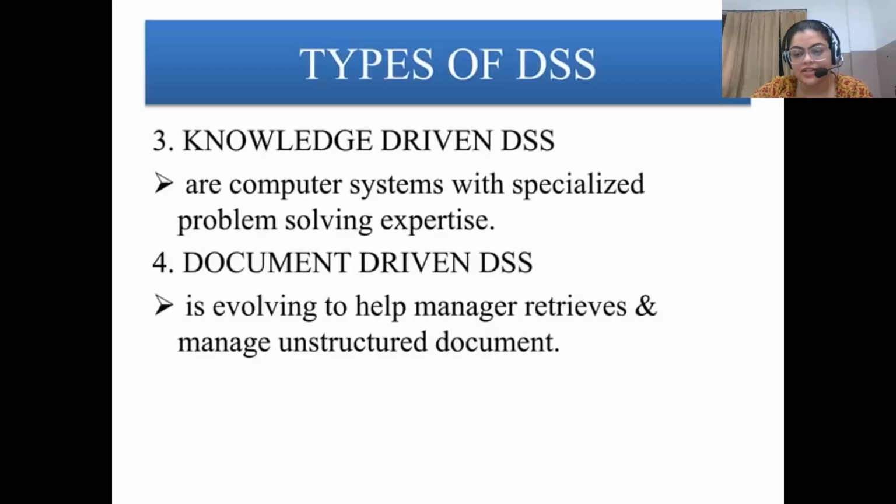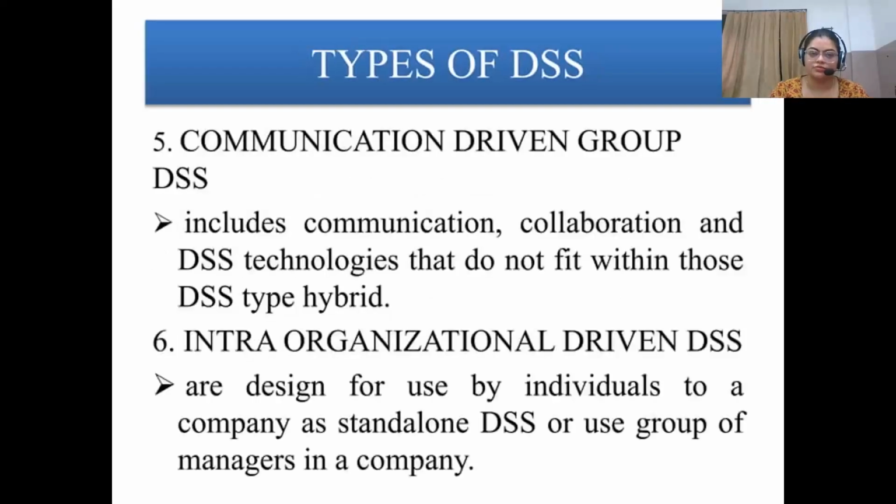Examples of documents accessed by document-driven DSS include policies and procedures, meeting minutes, and corporate records. So basically, whenever you want to manage unstructured data or help managers retrieve it, document-driven DSS is used.